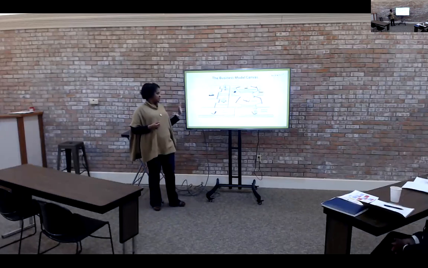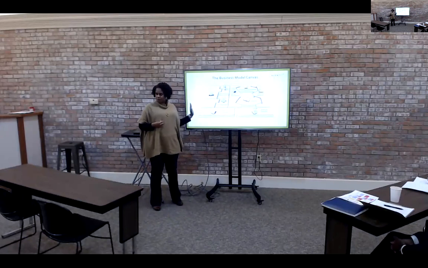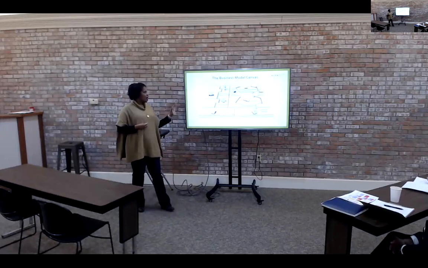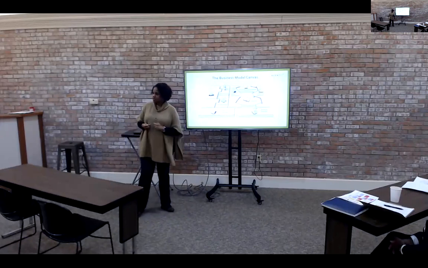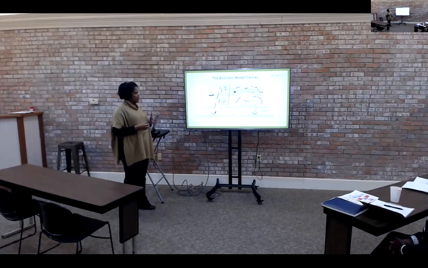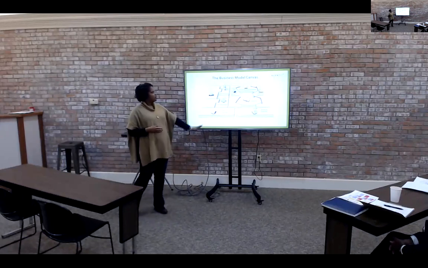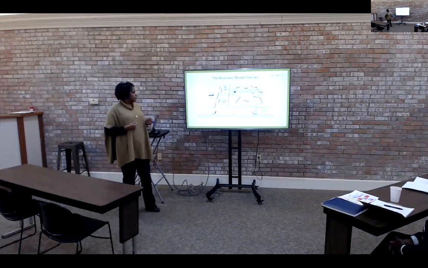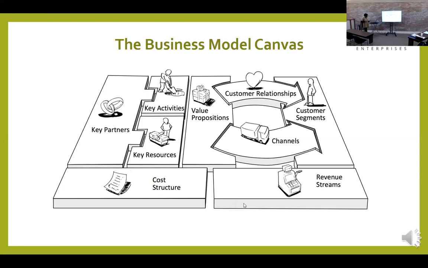On the left-hand side is more on operations, infrastructure, how you work, how you operate, what you need, who you need to work with, how much it's going to cost you. So you have the middle, which is the value, the customers on the right, and the operations or the infrastructure on the left. Again, the business model focuses only on key elements and not details.